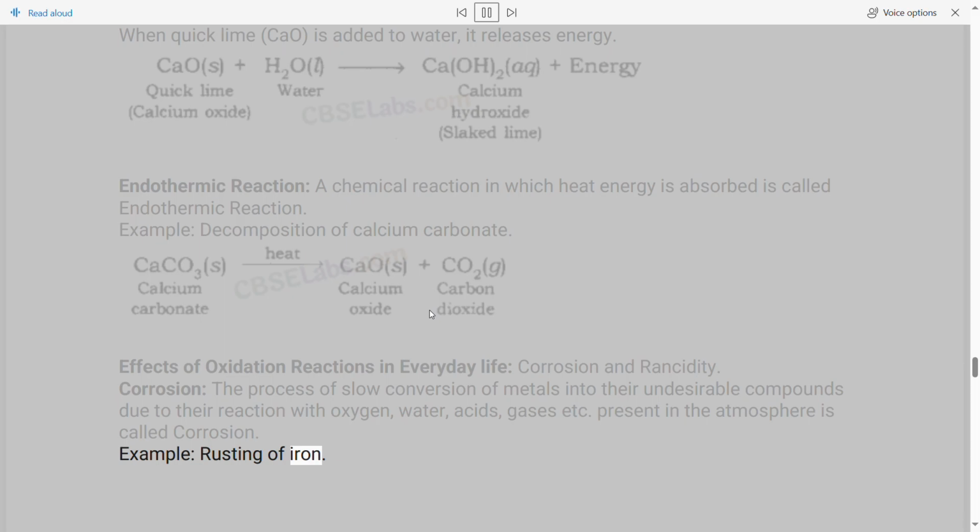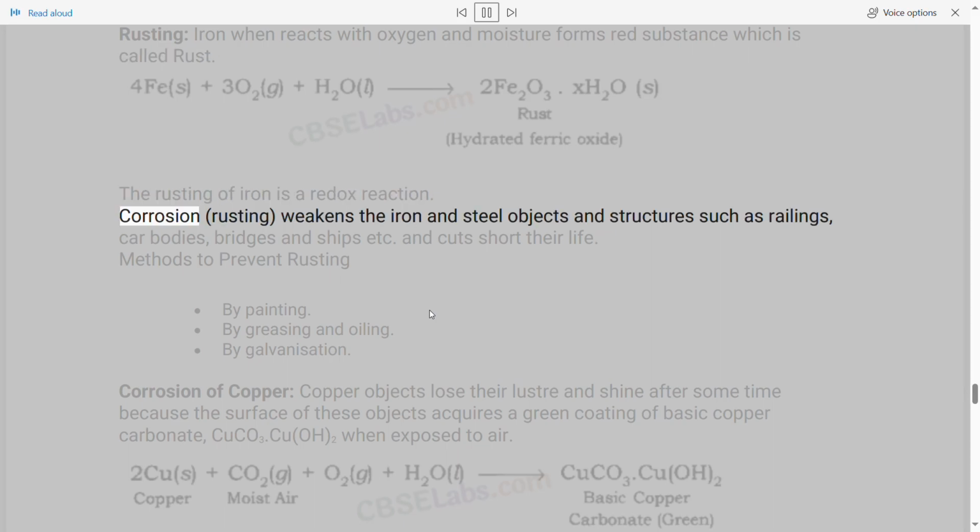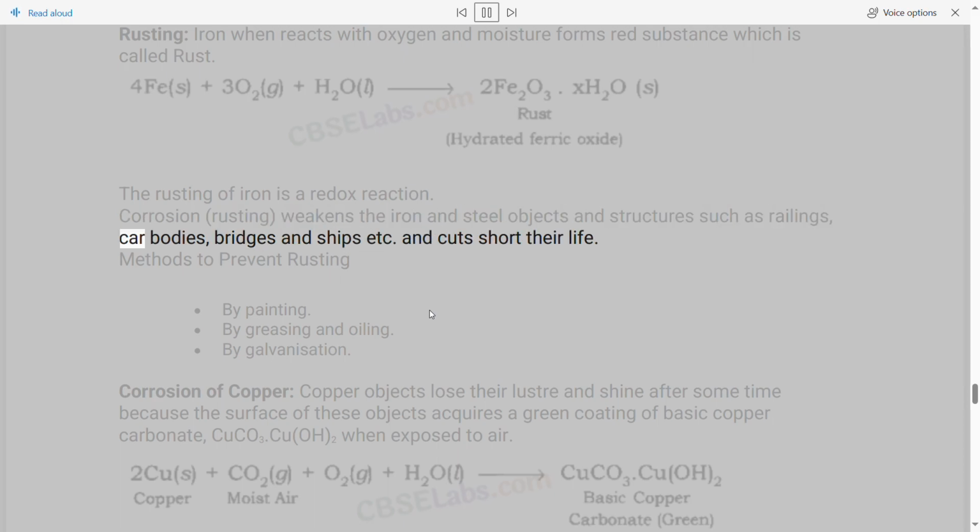Iron, when it reacts with oxygen and moisture, forms a red substance which is called rust. The rusting of iron is a redox reaction. Corrosion, or rusting, weakens iron and steel objects and structures such as railings, car bodies, bridges and ships, and cuts short their life.